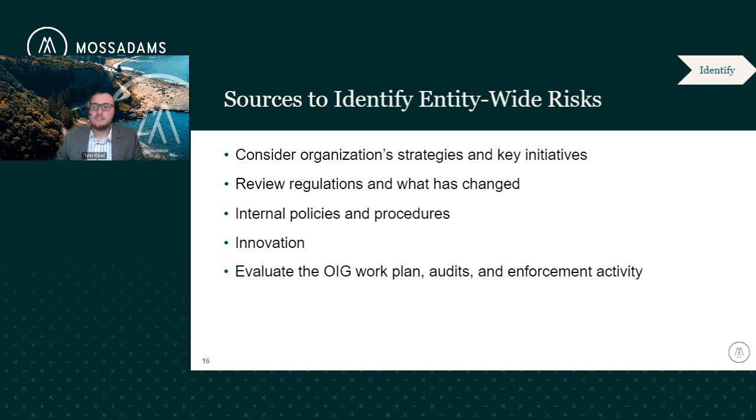So when looking at the sources to identify entity-wide risks, it's a pretty exhaustive list. There's a lot that an organization can do, and there are strengths and weaknesses to everything. But as we've mentioned, consider the organization's strategies and key initiatives.